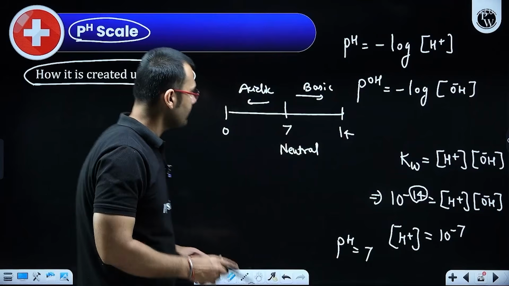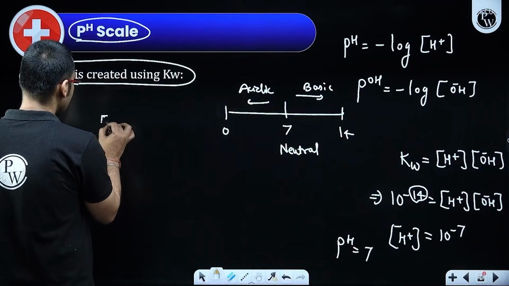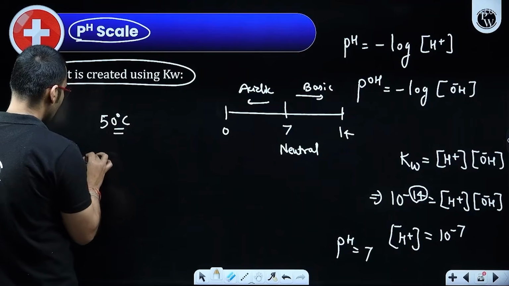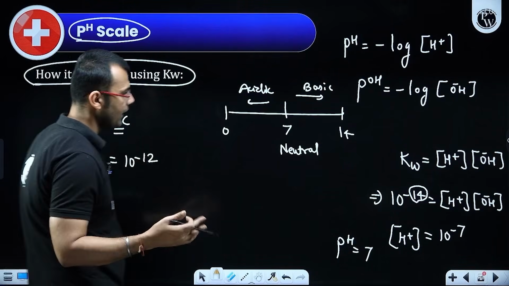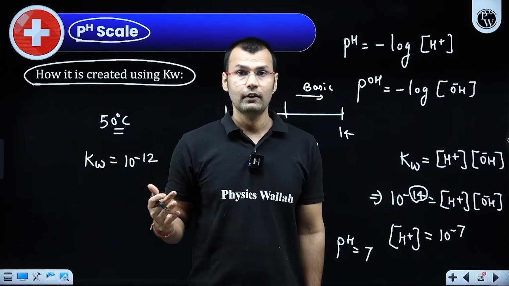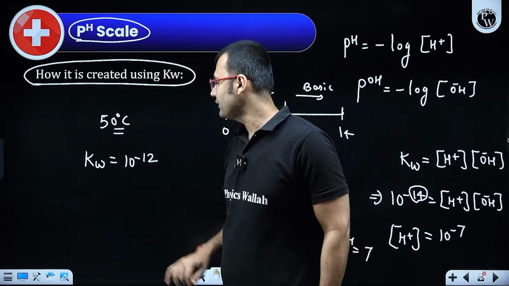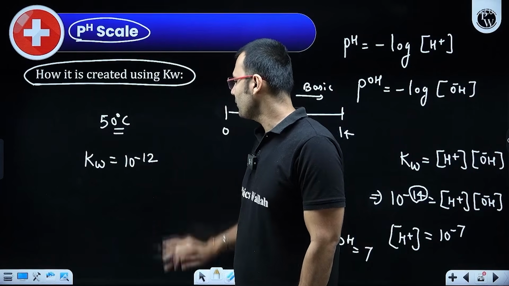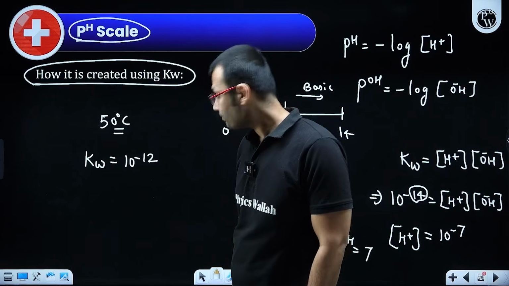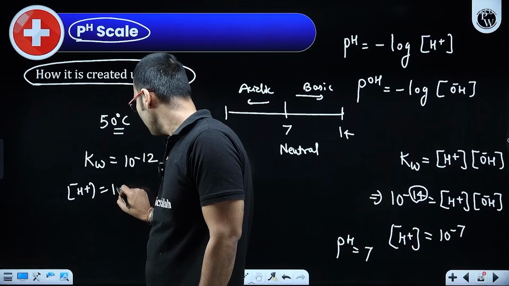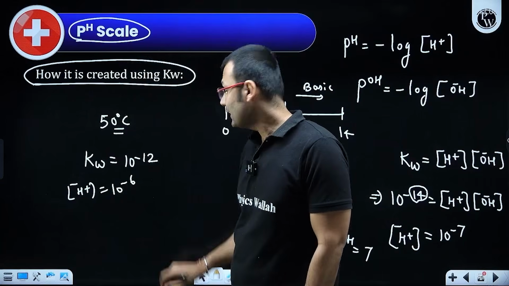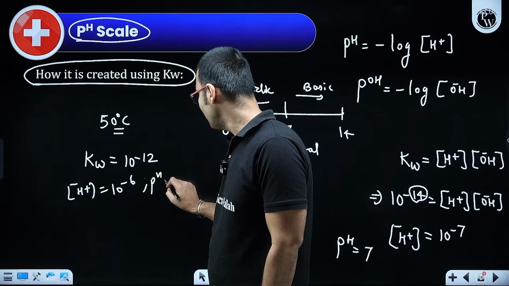Suppose at some higher temperature, like 50 degrees C, I got my Kw as 10 to the power minus 12, because with high temperature the Kw will increase. In this case, the concentration of H plus will come out 10 to the power minus 6, so the pH of pure water will be 6.